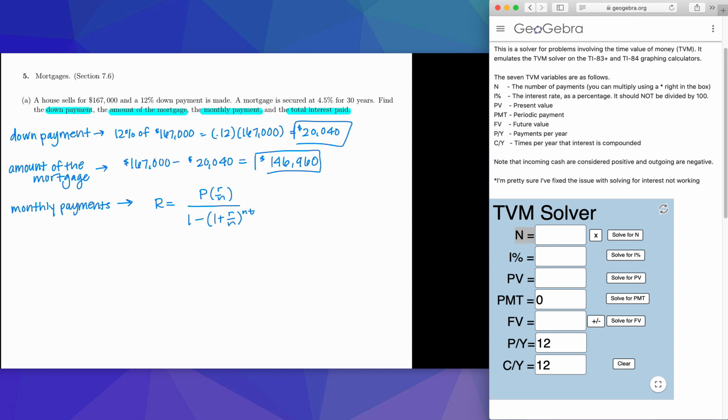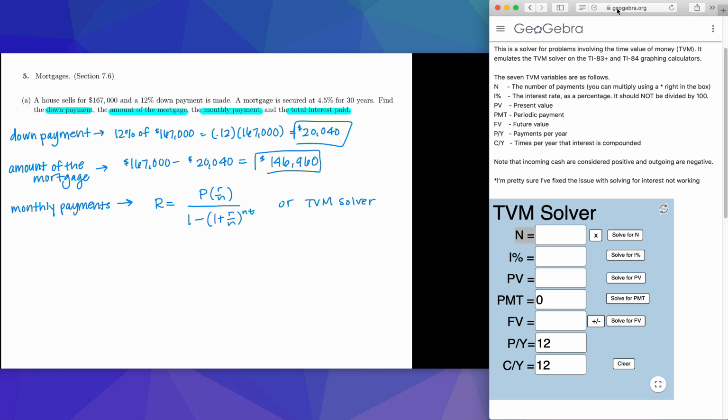We can use that, or we can use what's called the TVM Solver. TVM stands for time value of money. Over to the right, I have a web page pulled up from GeoGebra that has a similar version to what is on the TI-83 and 84 calculator.